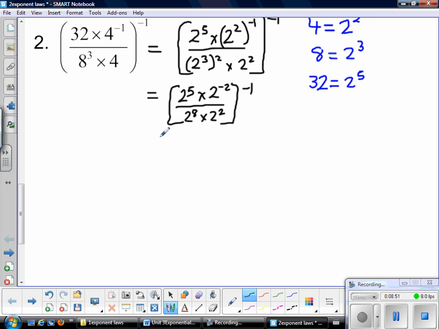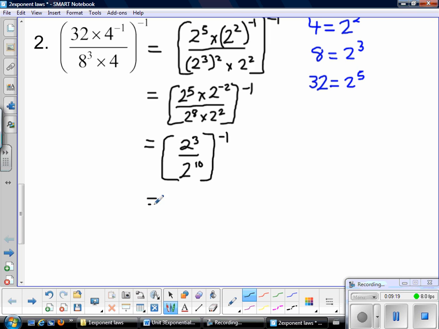So in that square bracket, some people can do it all in one step. However, if you can't, that's fine too. So the numerator is going to be 2 to the power of, multiplying, so 5 plus a negative 2 is 2 cubed. On the bottom, I have 8 add 2 is a 10. And I have everything to the negative 1.